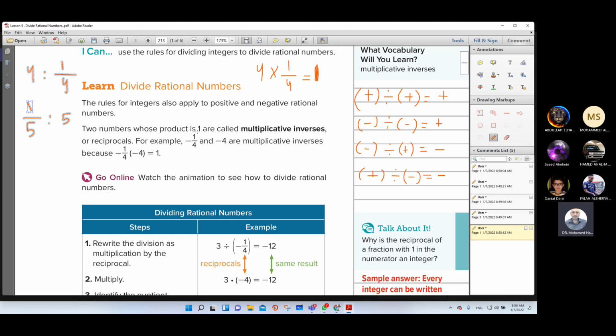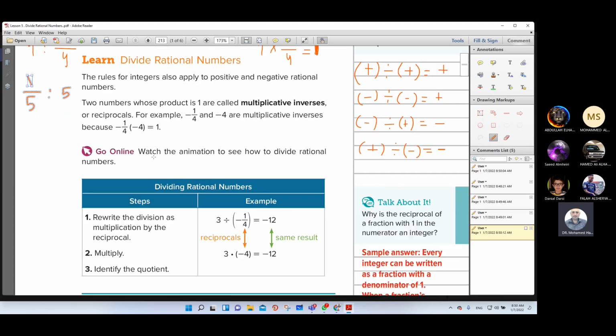For example, negative 1 over 4 and negative 4 are multiplicative inverses. Why? Because the product of them equals 1. Negative 1 over 4 times negative 4 equals 1.